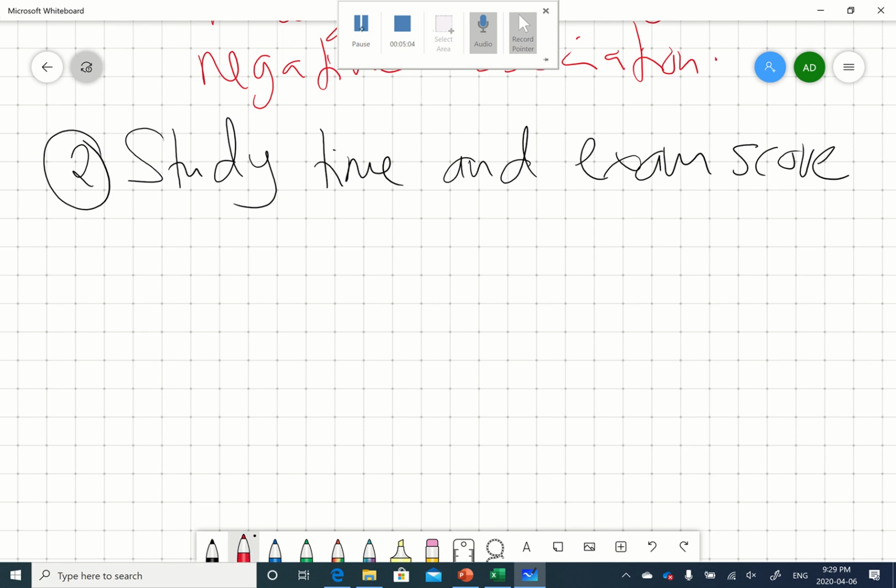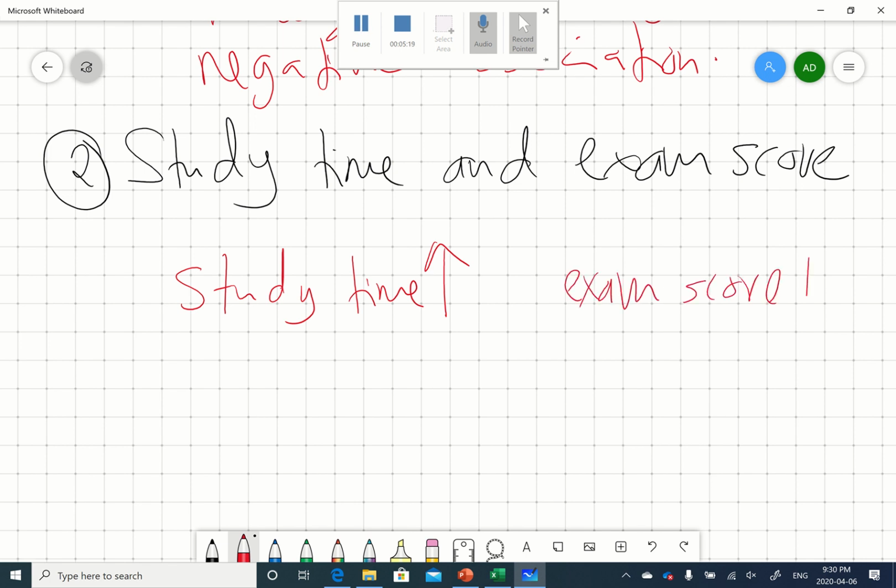As you increase the study time, any rational person would understand that your score is going to get better, goes up. So this is a positive association. When one variable increases, the other one also increases. Positive association.